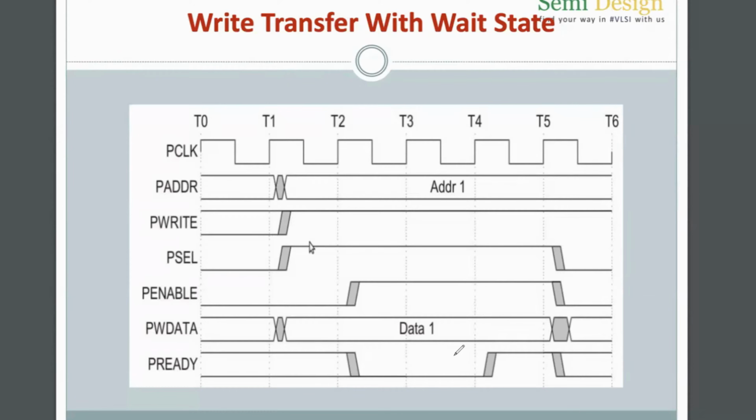So what I'm saying is I'll write an assertion: whenever my PREADY is valid, two clock cycles before, you make the address and write available, so that this T3 to T4 clock cycle will not be wasted. That will reduce the latency of the APB protocol.